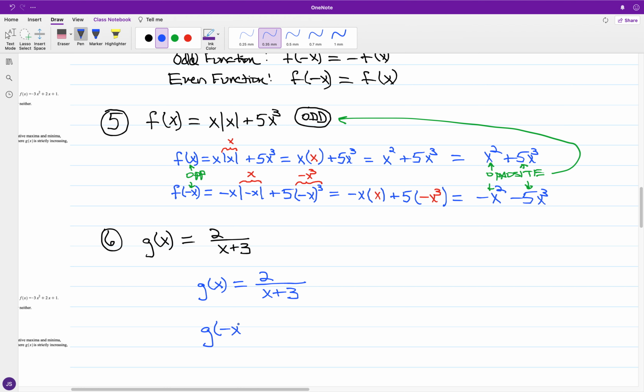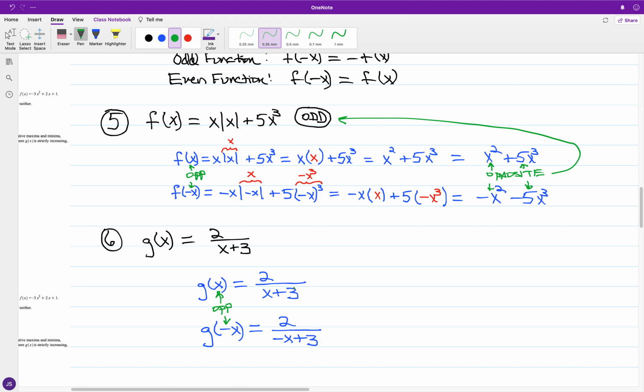And for g of negative x, if I replace x with negative x, 2 over negative x plus 3. Now the inputs are opposite each other. If you notice you have 2 over x plus 3, 2 over negative x plus 3.